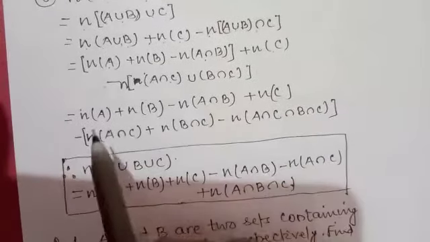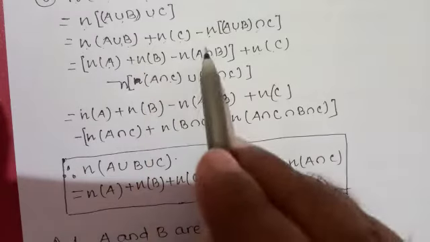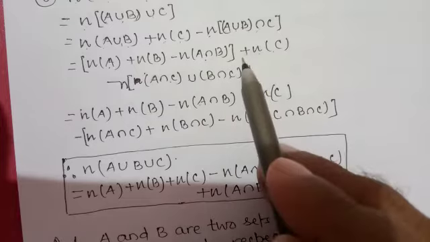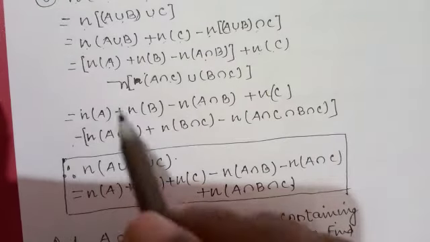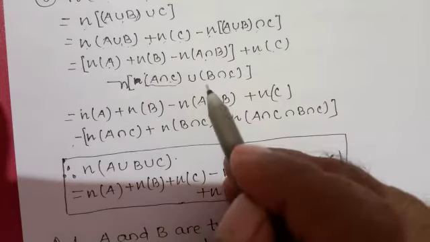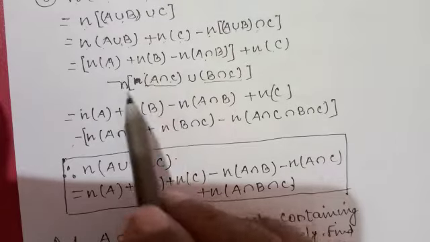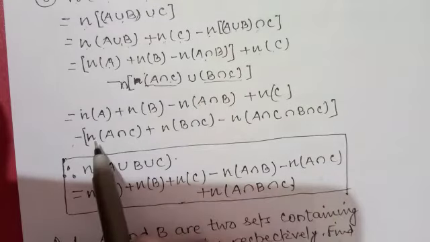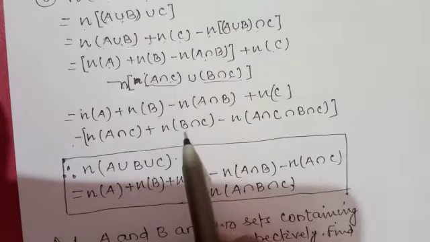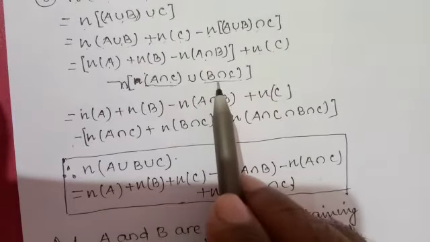Now see the next one. n(A) plus n(B) minus n(A intersection B) plus n(C) remains there. Minus, now again apply the two-set formula. This is considered as A and this is considered as B. So n(A union B) is n(A) plus n(B) minus n(A intersection B).